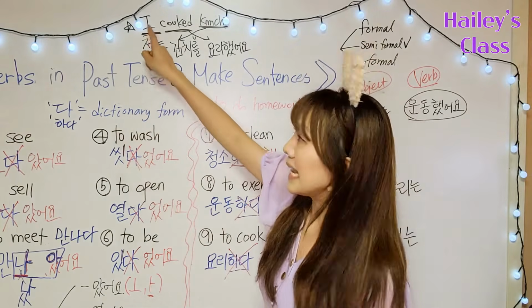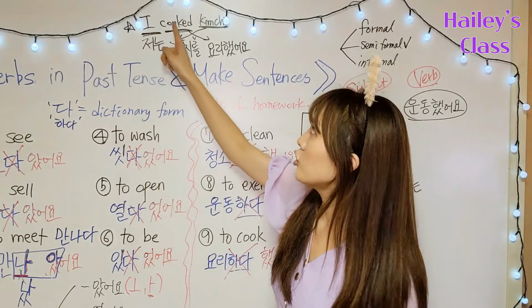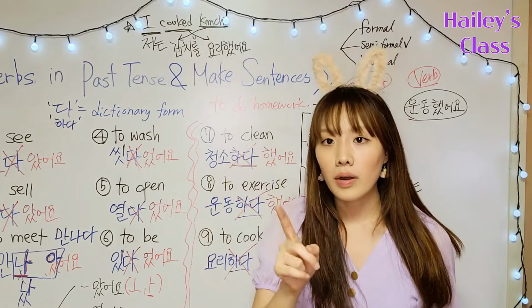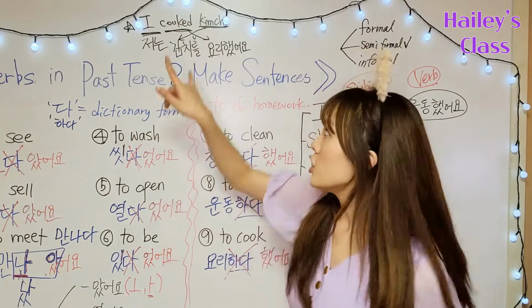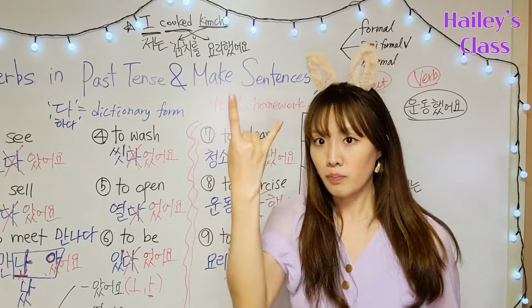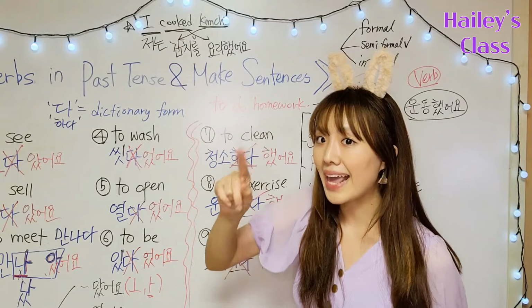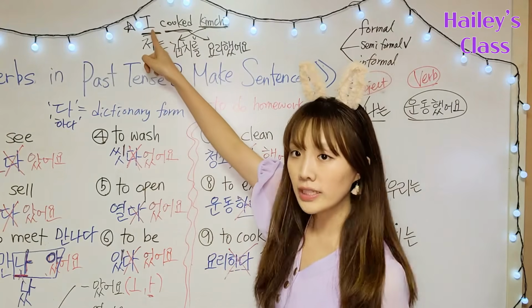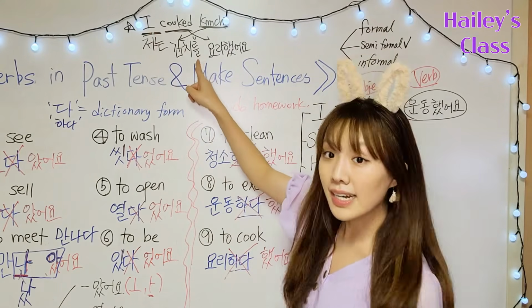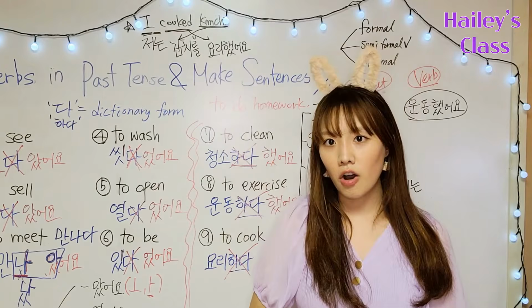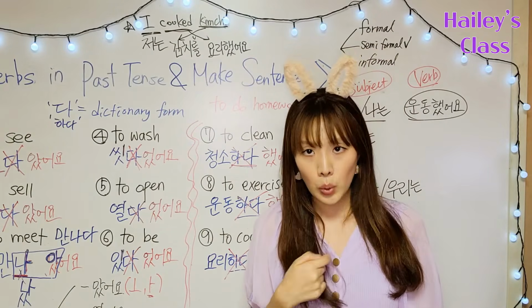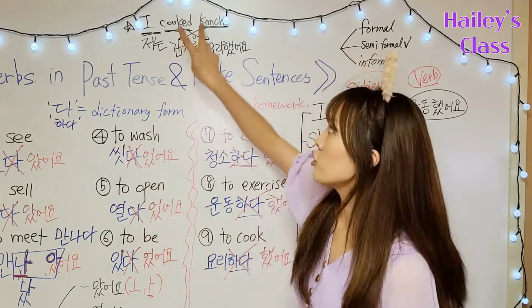So, in English, they say I cooked kimchi, right? But in Korea, we change this. I kimchi cooked. In Korea, we have to say I kimchi cooked. So, 저는 김치를 요리했어요. Got this? We have to change these parts.